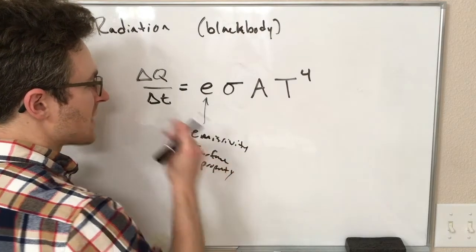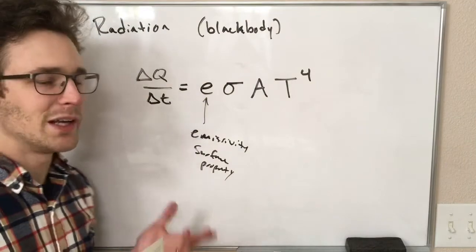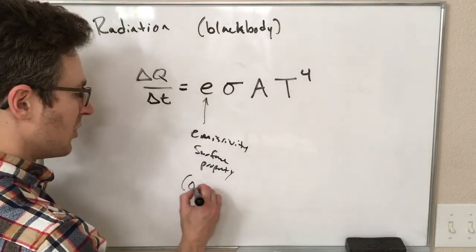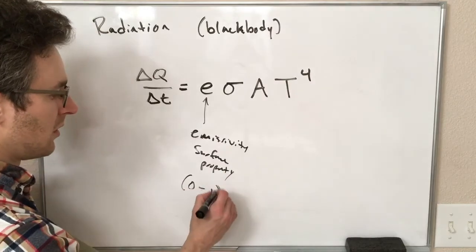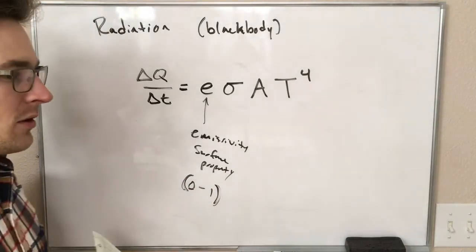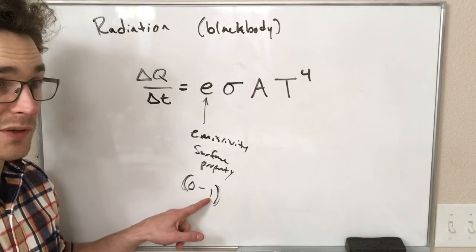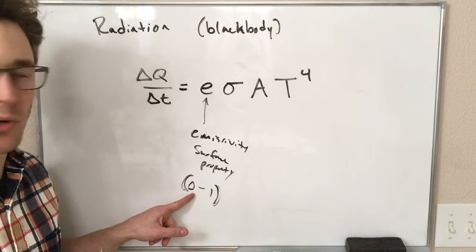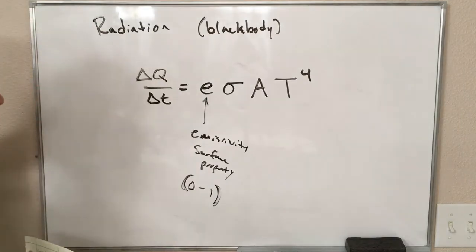This has to do with how shiny, or how dark, not shiny, a surface is. Emissivity values are generally going to be between 0 and 1, with 1 being something that's perfectly black, absorbs all the light that shines on it, and 0 being something that's perfectly shiny.